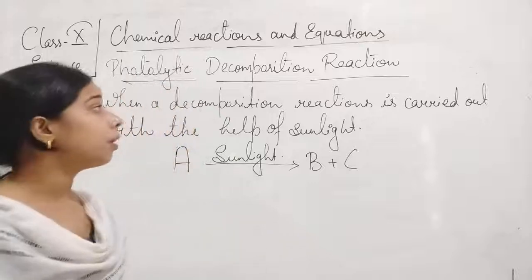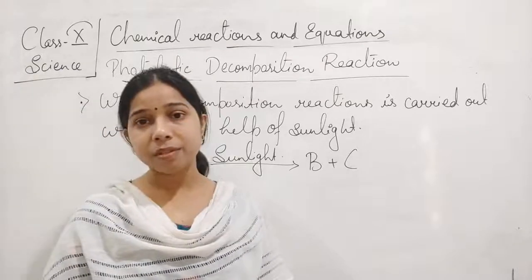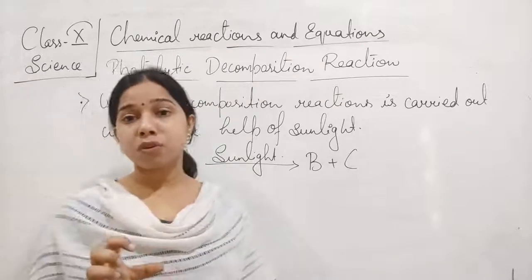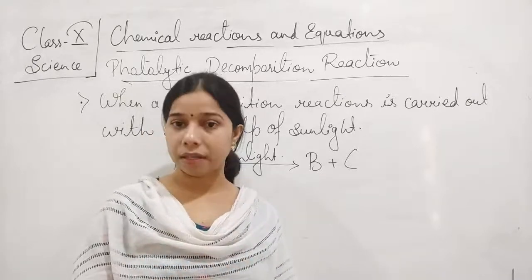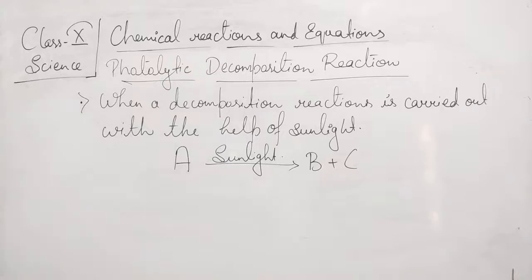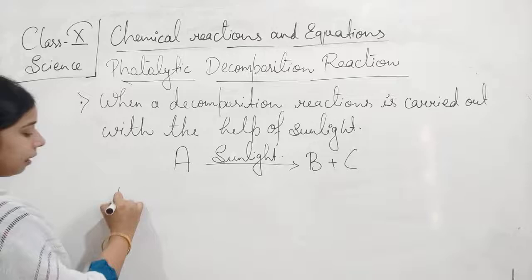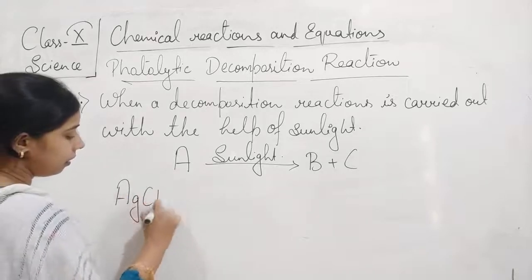Now you see here, student, what can be the different examples? Decomposition of silver chloride or silver bromide. So we can write silver chloride, AgCl.